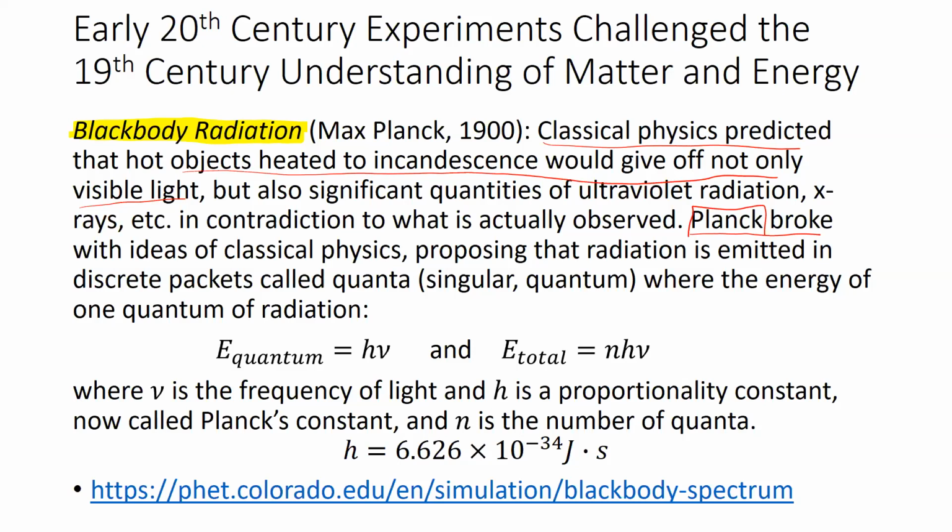His explanation, we're not going to get into all of the underlying math of it, is that the radiation emitted from a black body comes in discrete packets. Okay, so it's not actually a continuum of energy that's given off like you would get based on classical physics. What you get are packets of energy that are given off, and those packets he calls quanta, right?